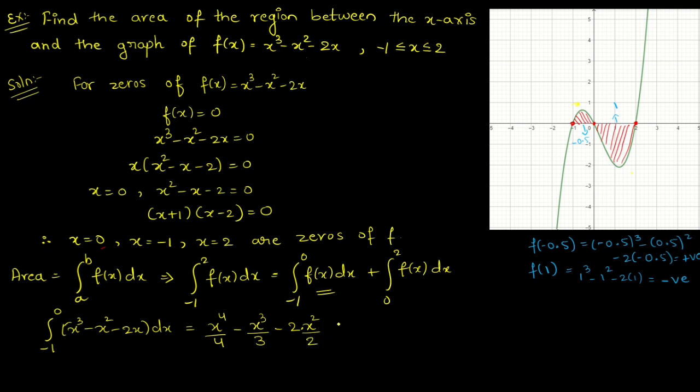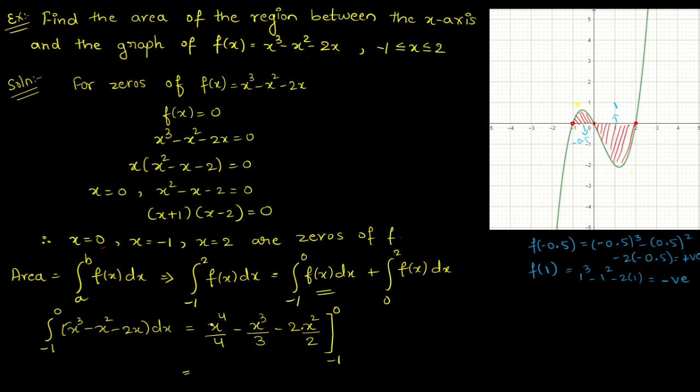In integration, the power increases by 1 and the same power comes in the denominator. Once you integrate, we apply the upper limit and the lower limit: upper limit minus lower limit.